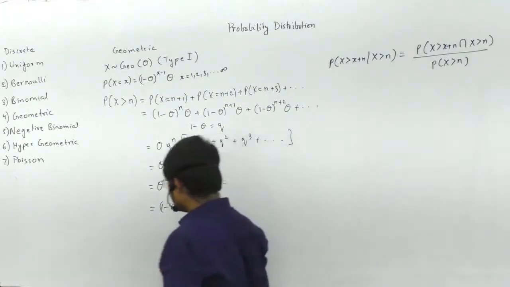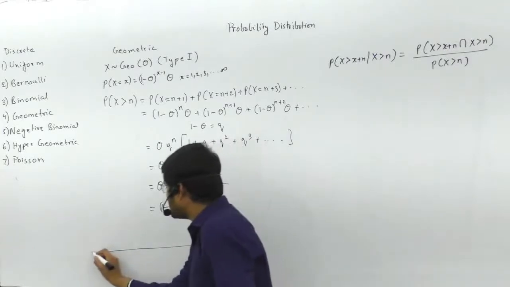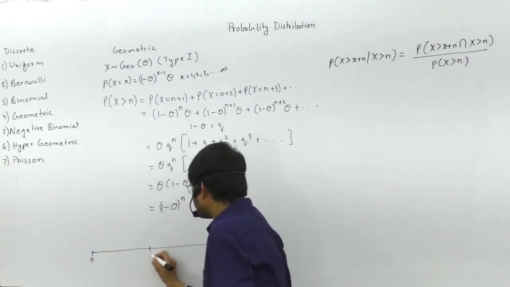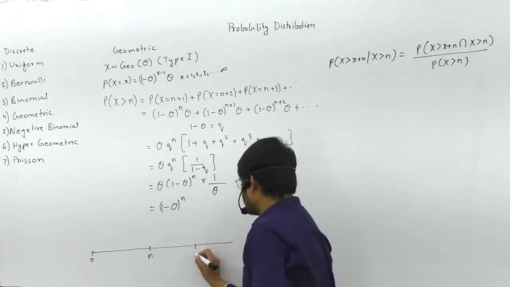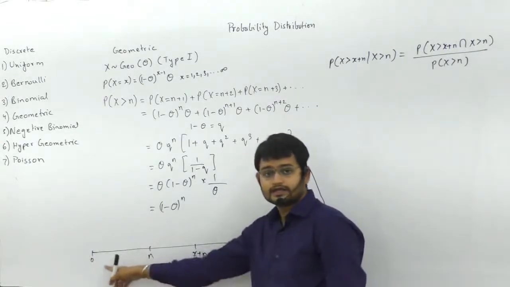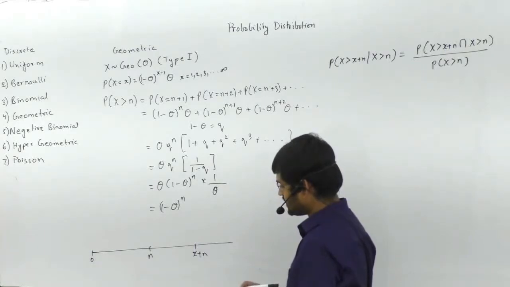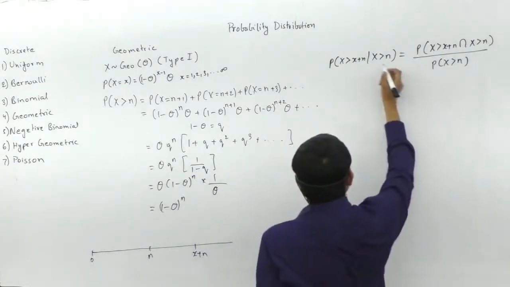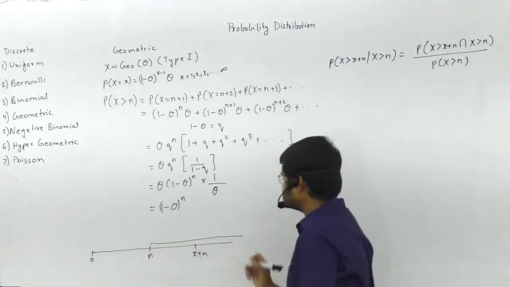Now let's consider a timeline. We know our value n is a positive integer, as well as x is a positive integer. So we'll have n greater than 0 as well as x plus n greater than n. Now this particular value x greater than n, I'll denote with all of these numbers.